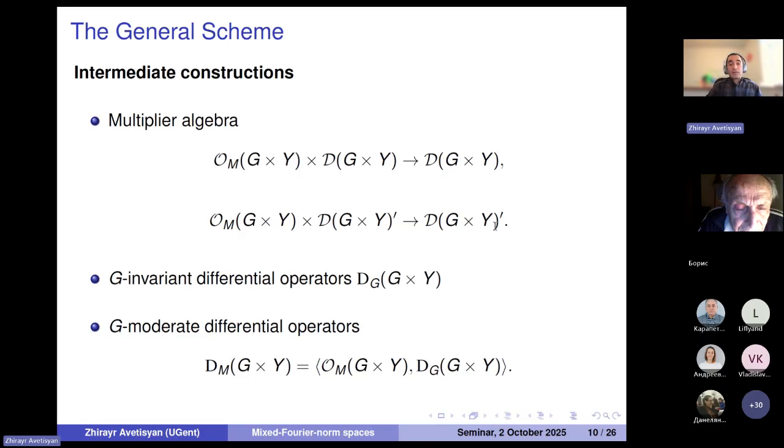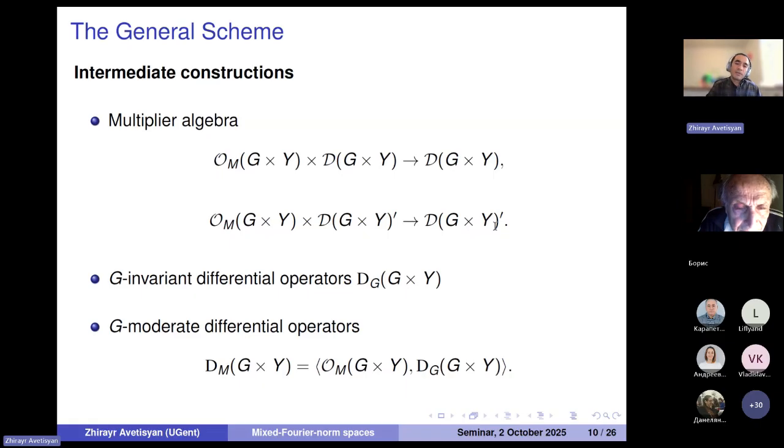Okay, so then similarly, we construct this multiplication operator for the distributions with the same algebra of multipliers. Then we consider the invariant differential operators. Well, G invariant. G is a group that acts on this product manifold in the obvious way. It translates the first component and leaves invariant the second one, right?